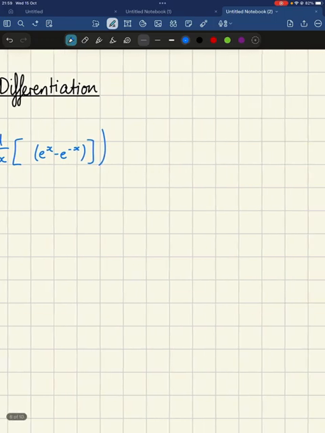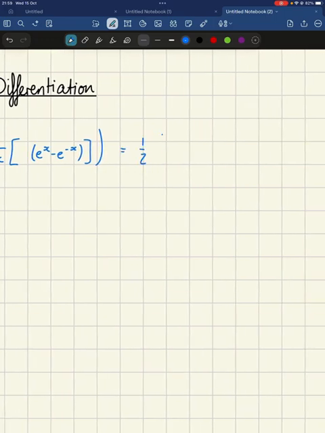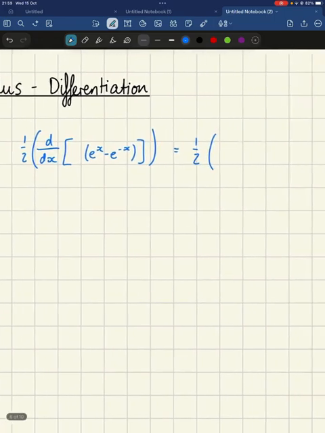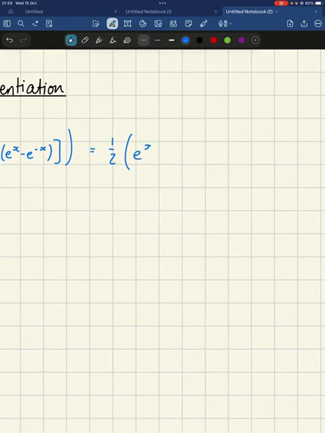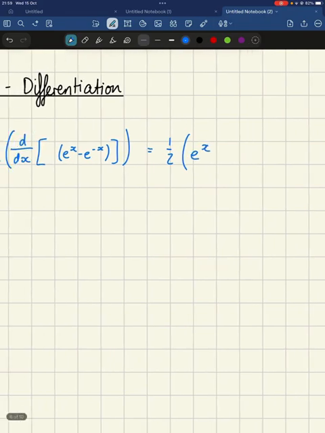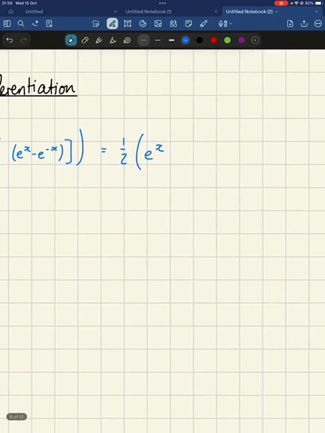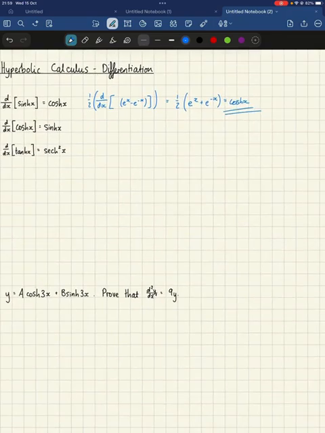So we get a half into, differentiate e to the x, that's just e to the x. Differentiate minus e to the minus x, that's just going to be minus minus e to the minus x, so plus e to the minus x. Well, that's just cosh of x.